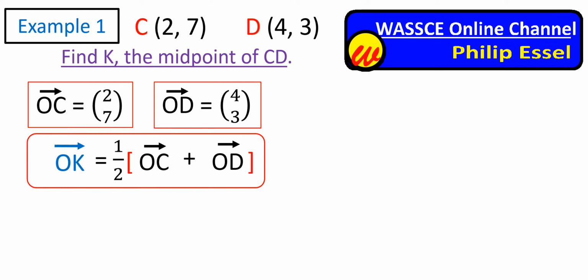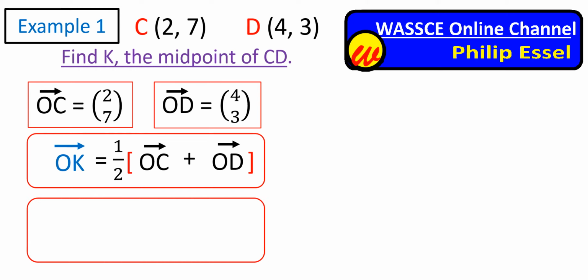So at this point we have been able to come up with the formula to determine the vector OK. So all we need to do is to substitute the values of the position vectors into this formula so we can arrive at the answer for the vector OK. So let's quickly do this.